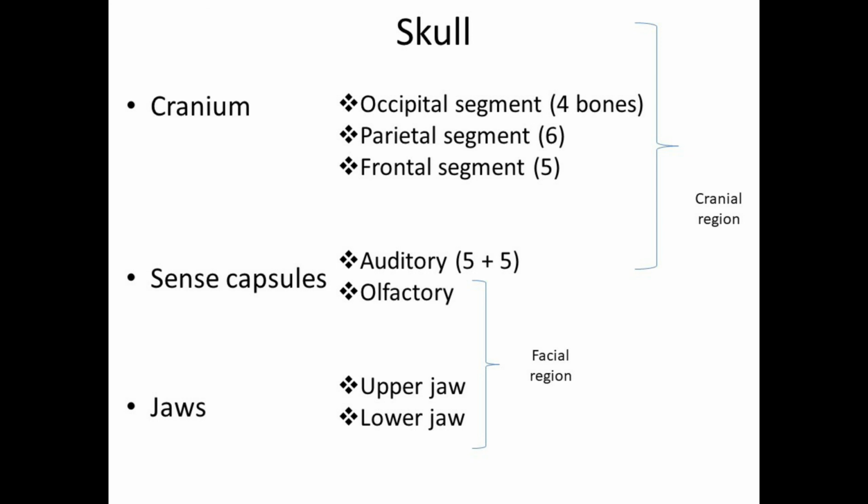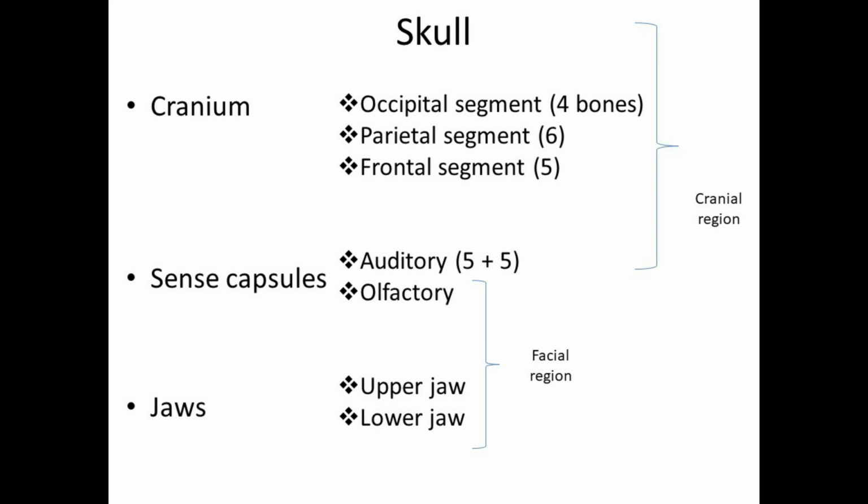The skull of rabbit is divisible into 2 regions, the cranial region and the facial region. The cranial region protects the brain. The facial region consists of the sense capsules and the jaws. The cranial region is in turn divisible into 3 segments, which are the occipital segment that consists of 4 bones, parietal segment that consists of 6 bones, and the frontal segment consisting of 5 bones.